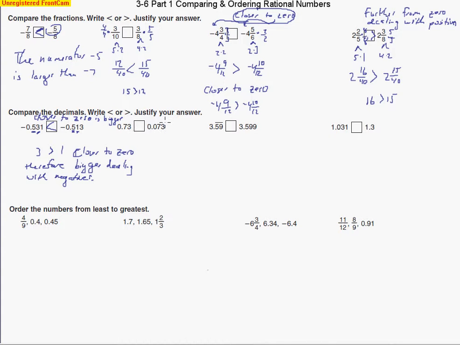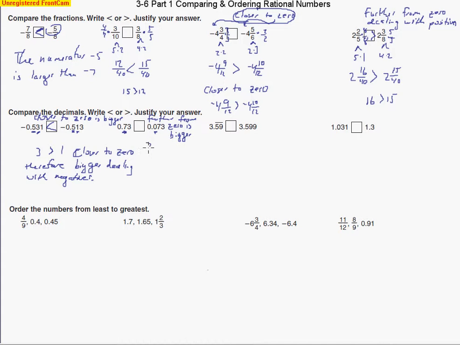So here we're dealing with positives. So now we're dealing with the one further from 0. Further from 0 is bigger. So again, we're looking at place values. We start at the 7. That's in the 10th place. 0. Well, 0 is smaller.